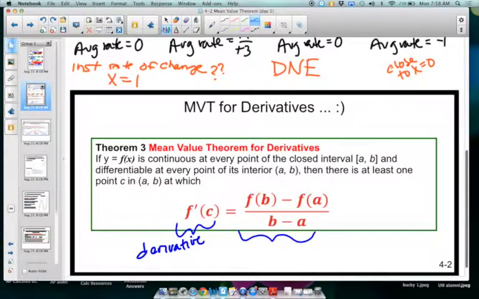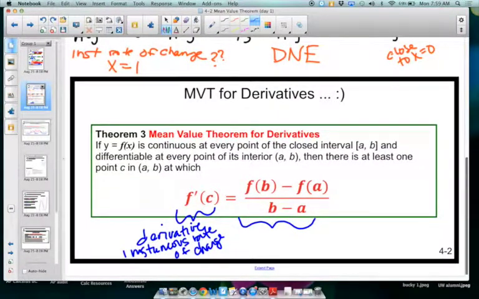And another word for derivative is instantaneous. That will help you with the next term. The instantaneous rate of change is the derivative.